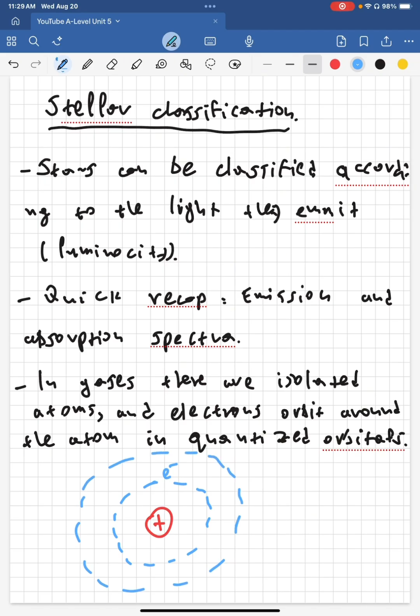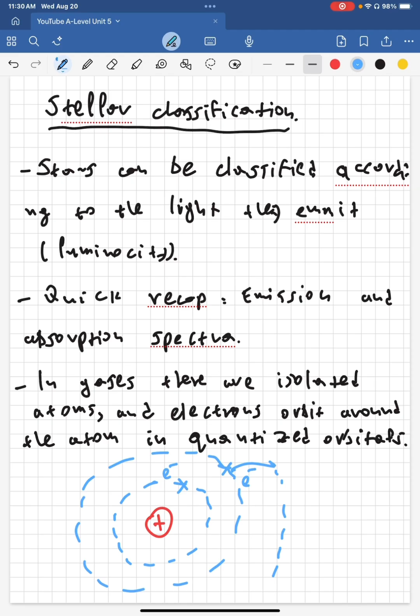And by quantized, we mean a quantity is quantized when it's discrete, like when it takes discrete numbers, 1, 2, 3, 4, 5. So you see how electrons here only exist in these two orbitals, the first one and the second one, okay? And maybe there is a third one, which is unoccupied over there.